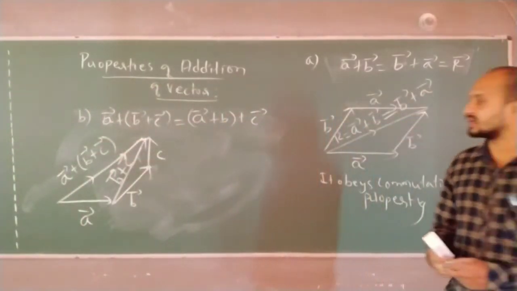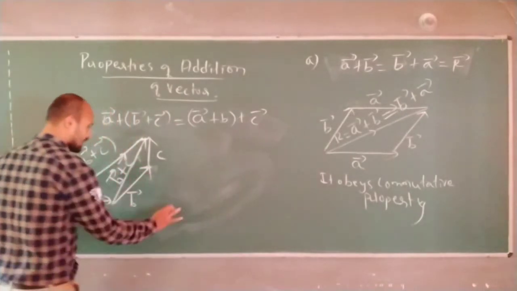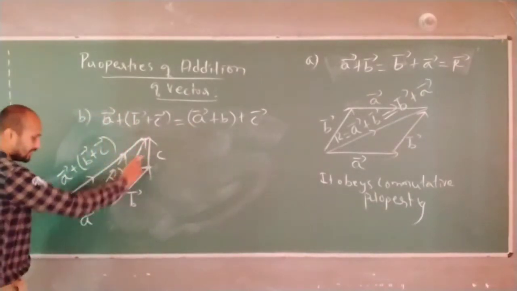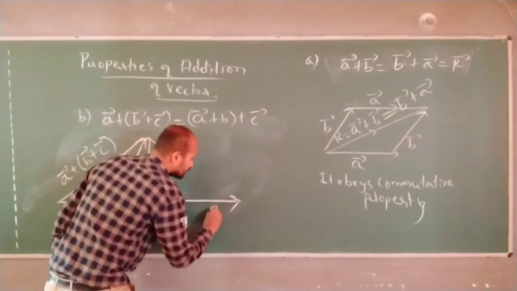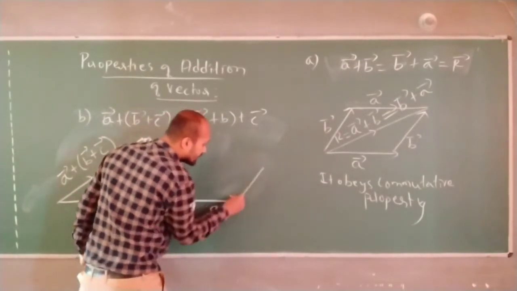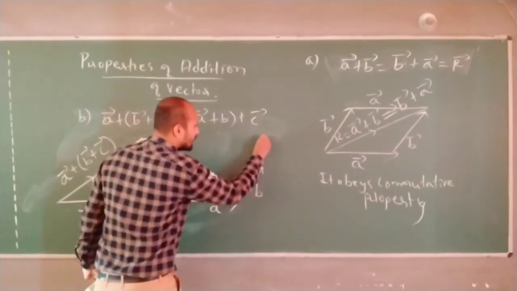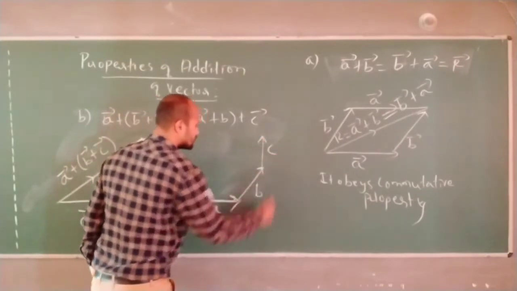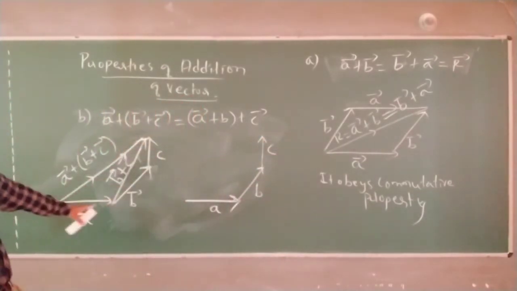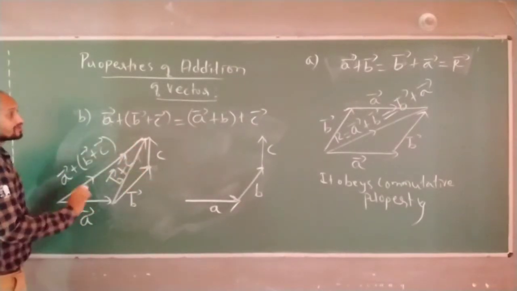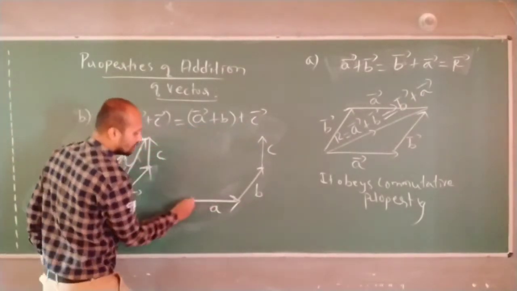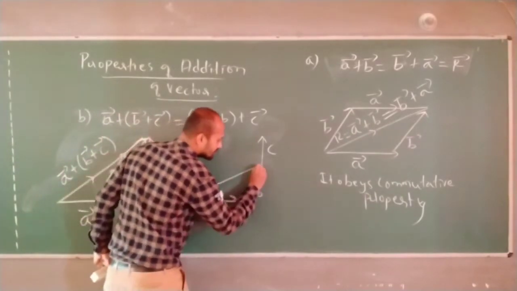If I take another diagram here, same vectors I will take. This is vector A and this is vector B and this is vector C. Same thing like this. First I found out the resultant of these two. Now what will I find? A plus B. I will join like this.